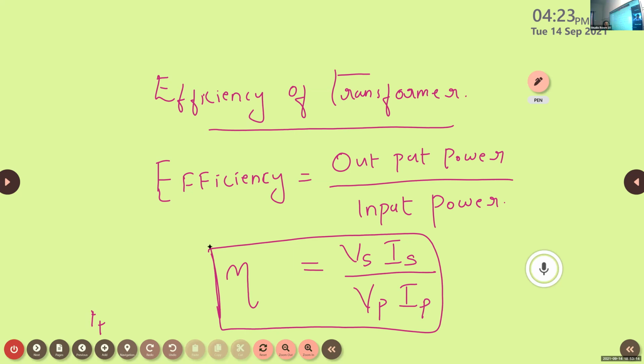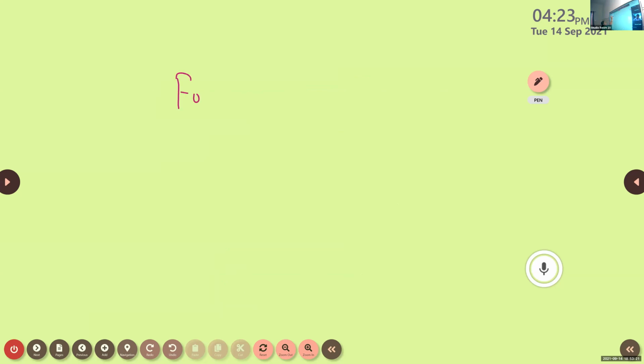Again, for an ideal transformer, ideal transformer means it's a transformer in which the output power and input power are equal.